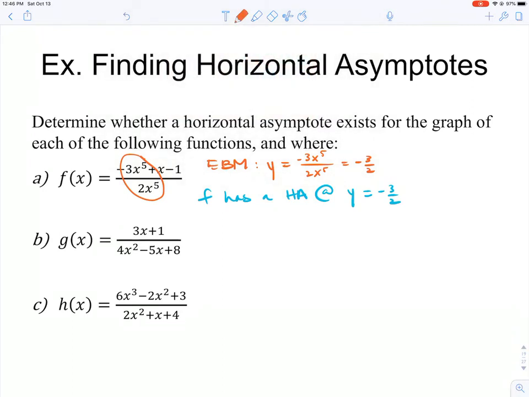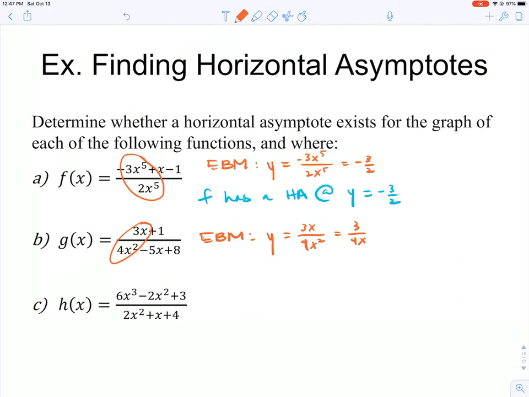Okay, so then let's look at the next one. So g of x, the ratio of the leading terms, our end behavior model, will be 3x over 4x squared. So that simplifies to 3 over 4x. Well, 3 over 4x is just 1 over x that has been stretched and compressed, right? Vertically stretched and horizontally compressed. And you know that 1 over x has a horizontal asymptote at y equals 0.